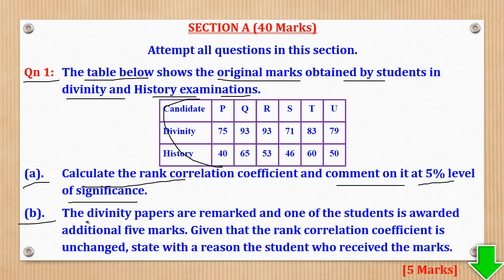Part B: the divinity papers are remarked and one of the students is awarded an additional 5 marks. Given that the rank correlation coefficient is unchanged, state with a reason the student who received the marks.